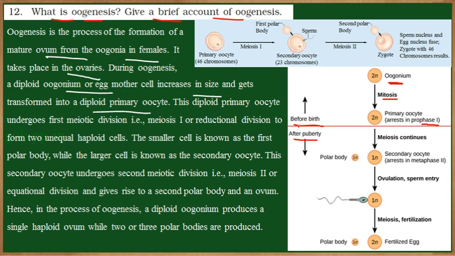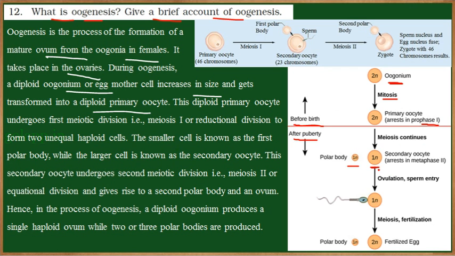Now after puberty, under the influence of hormones like follicle stimulating hormone and growth hormones, the meiotic division will resume. When the meiotic division resumes, the primary oocyte completes its first meiotic division, giving rise to two unequal size cells.